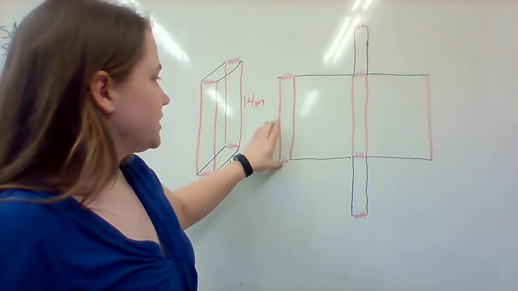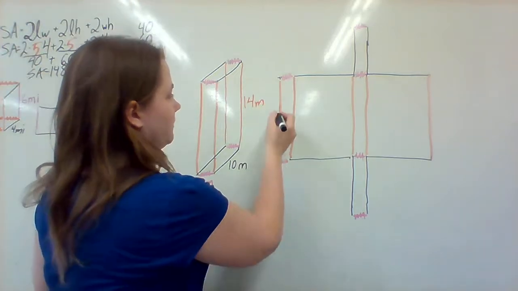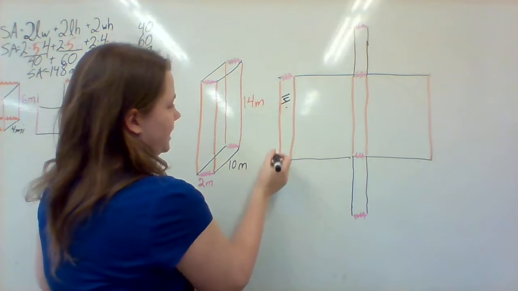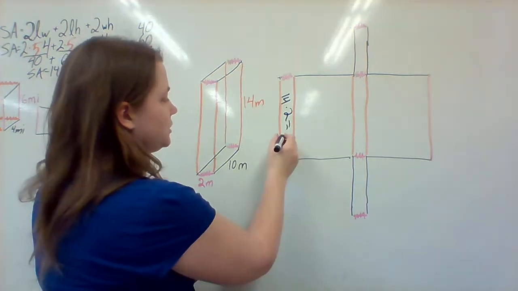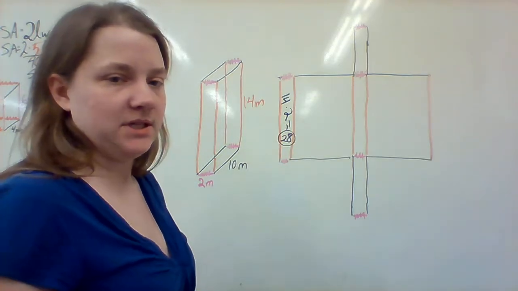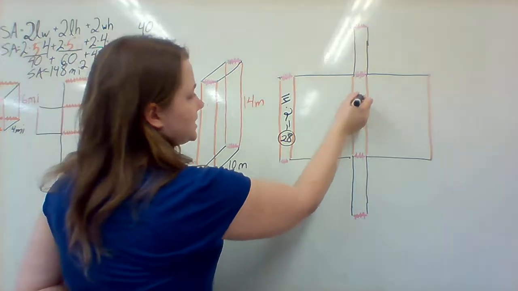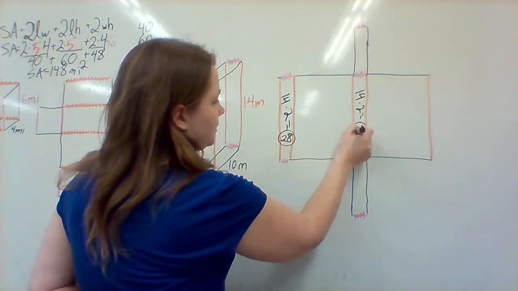With this tall, skinny rectangle, orange is 14, the pink is 2. 14 times 2 is going to be 28. So this is going to be 28. Over here, this is also 14 times 2, so that will also be 28.